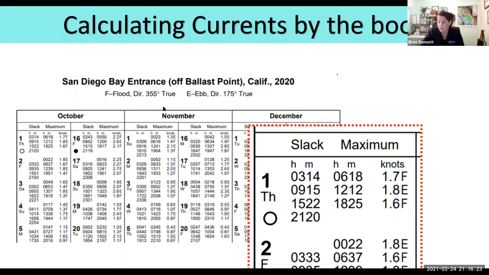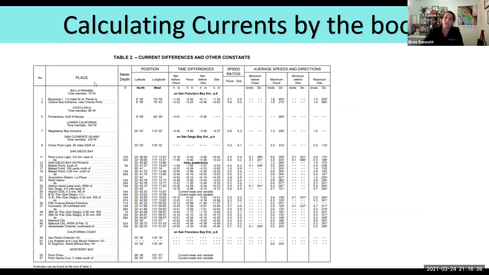For the direction of the current, they give us a direction for the flood and for the ebb at the location, and they also give it to us at the subordinate station. So we'll go to table 2, which is our list of differences and our list of subordinate stations. Again, it's that same concept: what's going on at the reference station, apply our differences to get what's going on at the subordinate station.